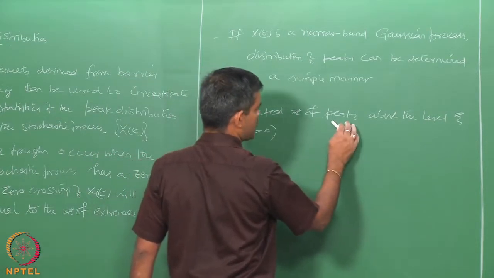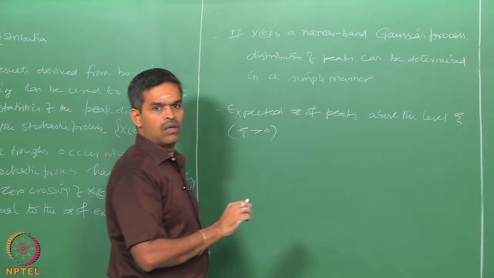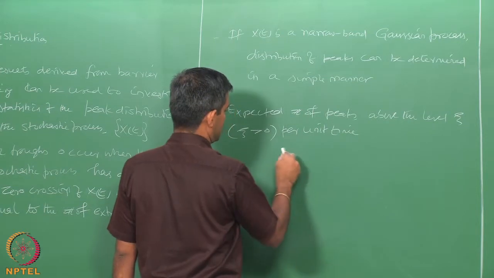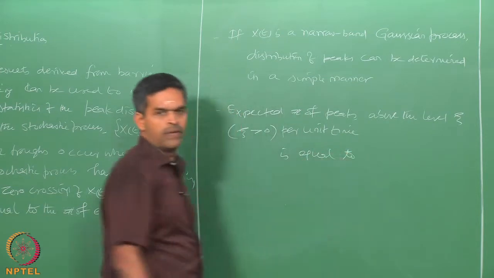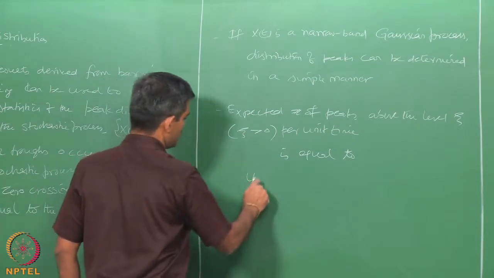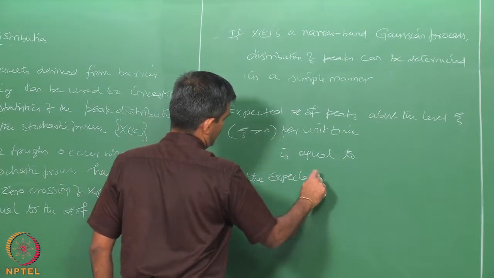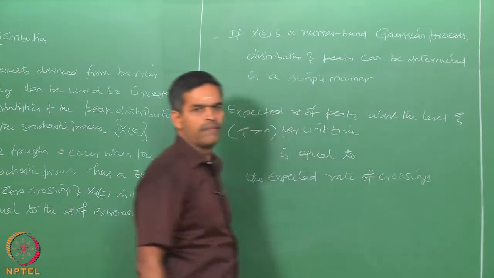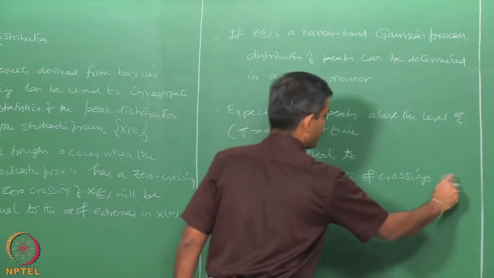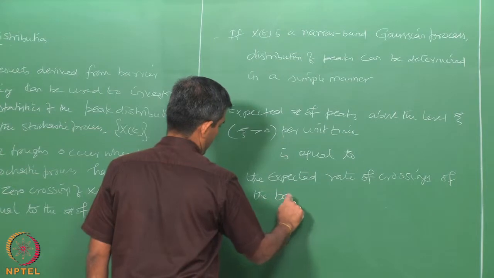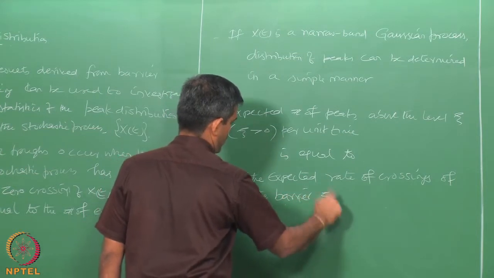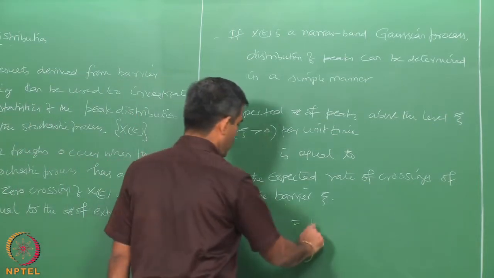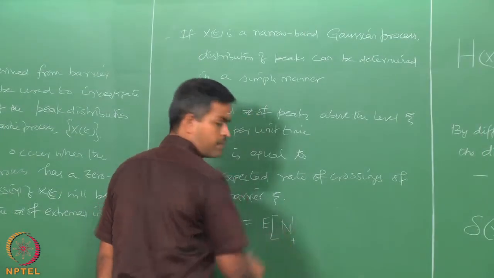So, the expected number of peaks above the level zeta per unit time is actually equal to the expected rate of crossings of the barrier zeta, which is actually equal to the expected value of n prime plus of zeta.